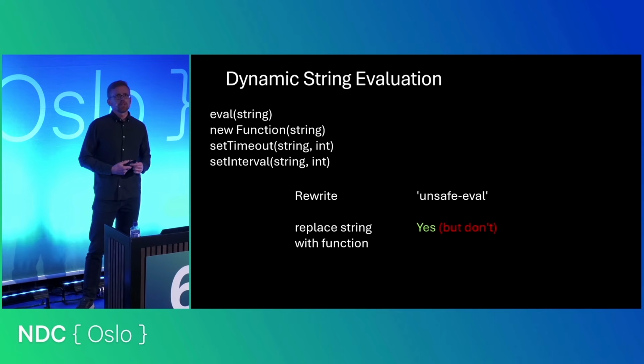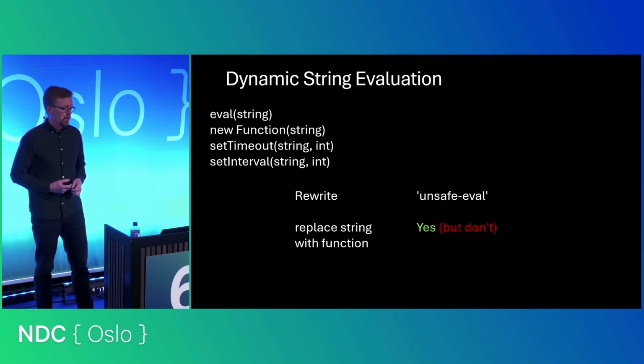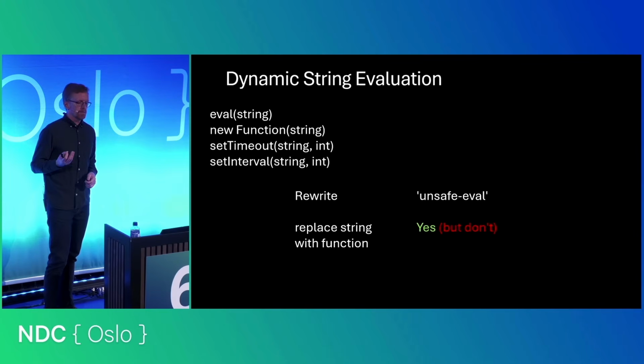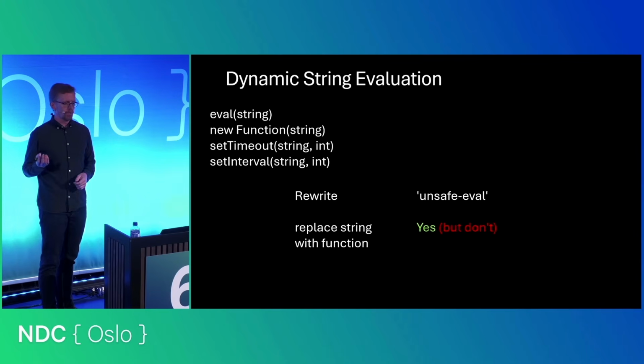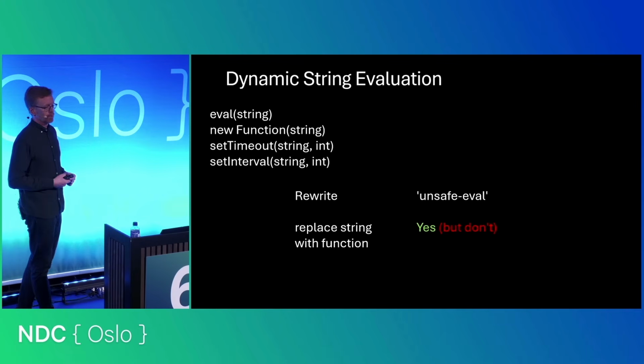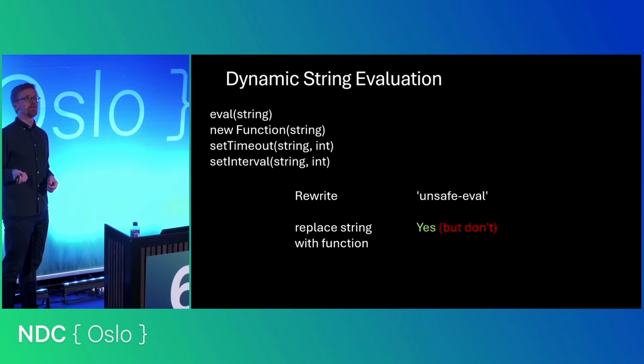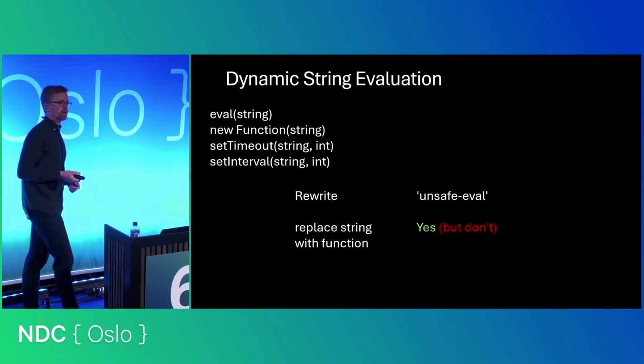Dynamic string evaluation is also blocked when you implement a CSP. That means that you can't have a function that evaluates a string and runs that as code, like you do in eval, new Function, setTimeout, and setInterval. You can still use those functions if you supply them with a function.